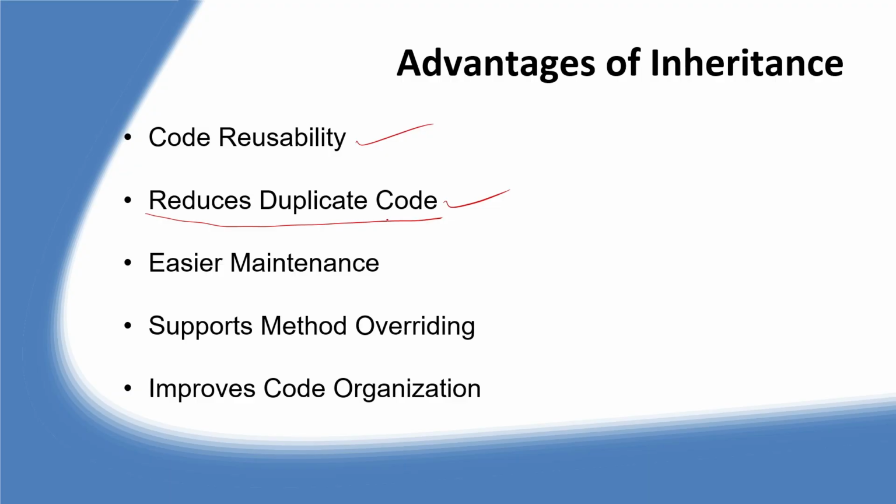That is automatically accessible. So duplicate code is reduced. Easier maintenance. It supports method overriding. In the previous example I have explained this, how it supports method overriding.